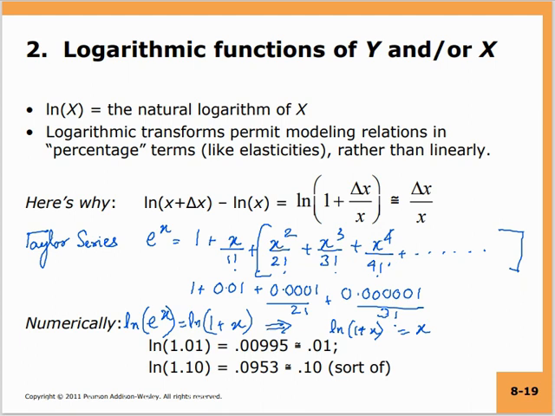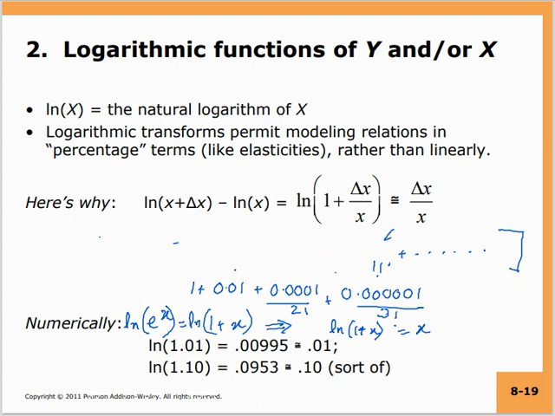Here you have 1 plus delta x by x, and delta x by x is very small, so that is approximately equal to delta x by x. Okay, so now you know that for small x's we can use this approximation. Now what is delta x by x? Delta x is the change in x divided by the original x. If you multiply this by 100, this is basically equal to the percentage change in x.